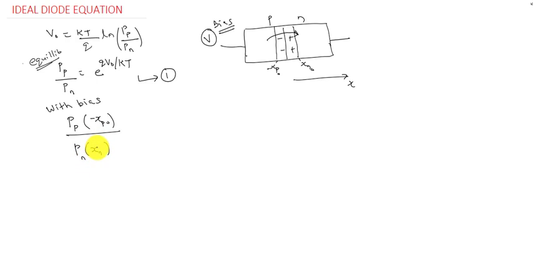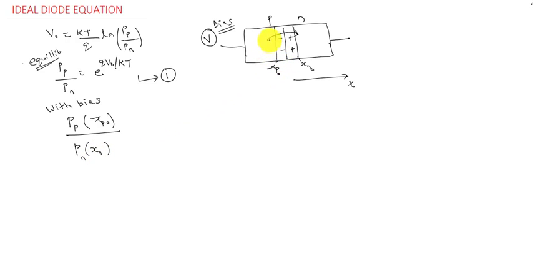PN of XN means the hole concentration, or minority concentration, on the N side with the bias condition.